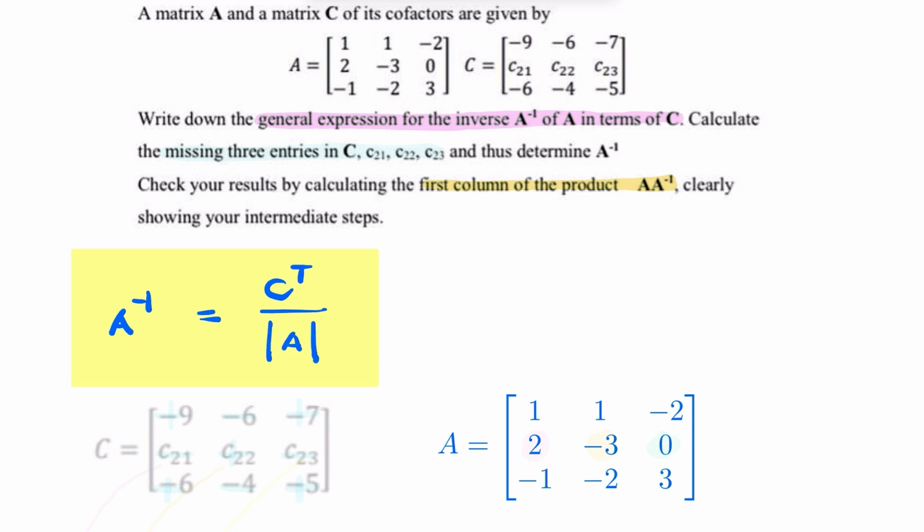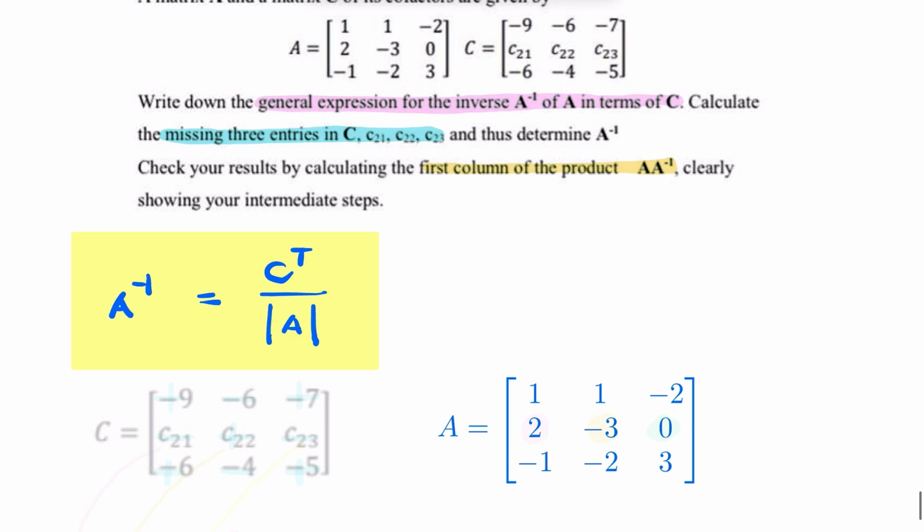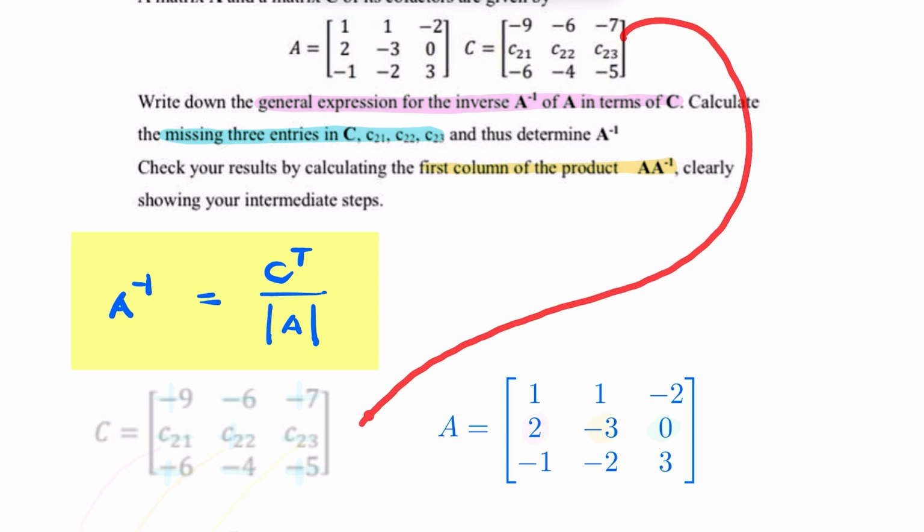It now goes on to say, find or calculate the missing three entries. So to find C21, C22, and C23, we would need to use the rules for calculating the cofactor elements.